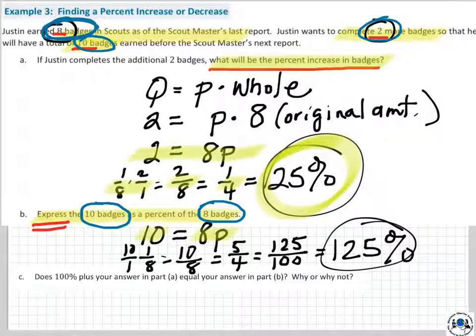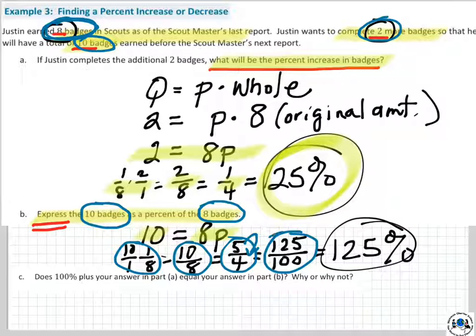Again, by multiplying by the multiplicative inverse, we get 10 over 8, which is 5 over 4. I can extend that out to the equivalent hundredth fraction, which is 125 over 100, very easily recognized as 125%.